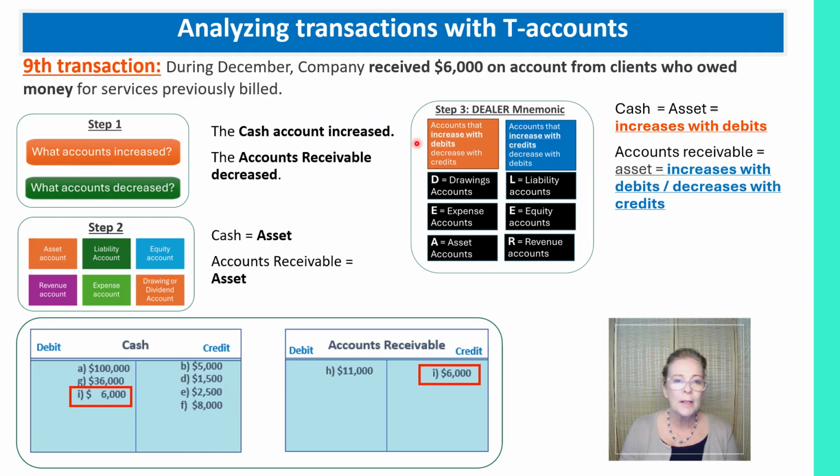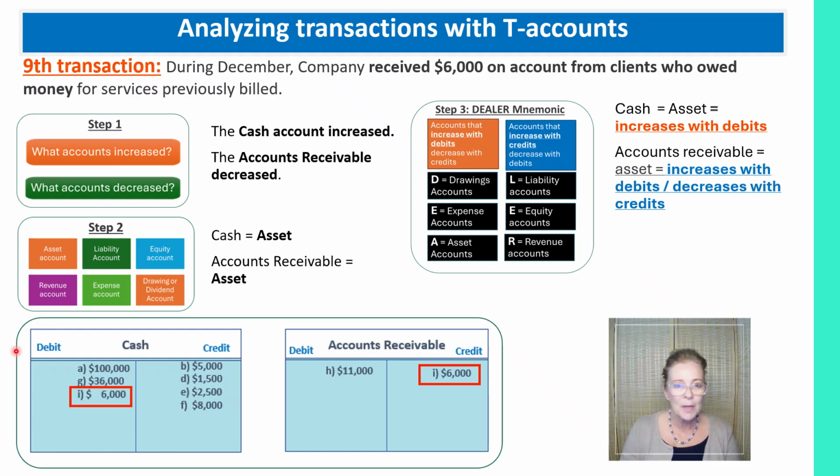The second part is the decrease in accounts receivable. Accounts receivable are also an asset. Assets are shown on the left side of the dealer mnemonic, and the graph tells us that assets increase with debits and decrease with credits. The accounts receivable decrease, so we need to credit accounts receivable. So debit cash and credit accounts receivable.